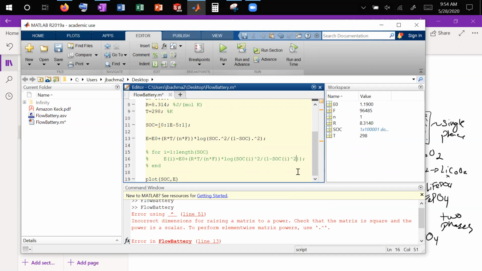Let's check what that looks like, because that whole term should be squared, not just the. Now we have 1 minus our SOC squared, and then this whole term. Right, that looks good. So let's try it.